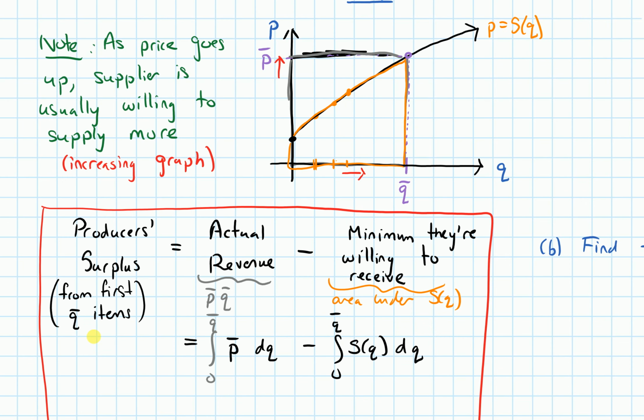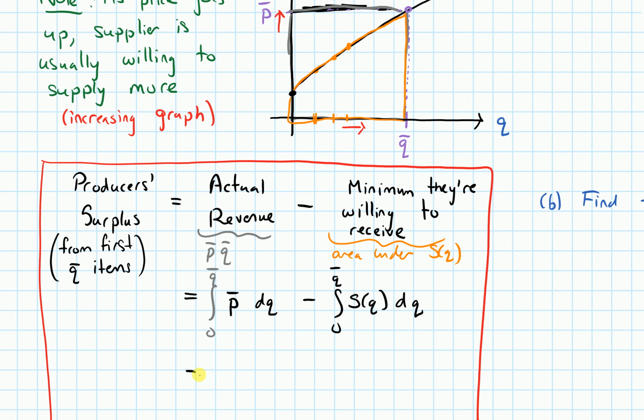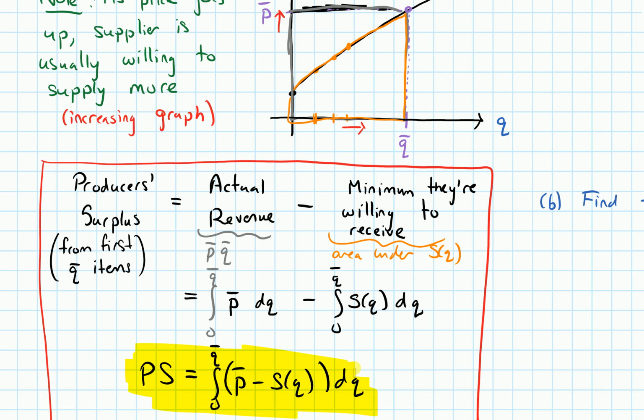Then we can combine these into one integral, the integral from 0 to Q bar of P bar minus S of Q dQ, and that is my producer's surplus. That is the equation for producer's surplus. Graphically, when we take the area of the rectangle minus this orange area under the supply curve, what we're left with is this area here. This is my producer's surplus, PS.